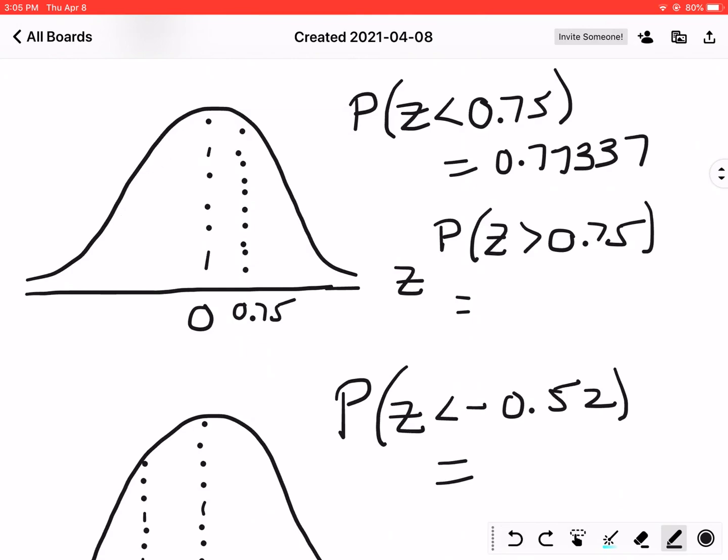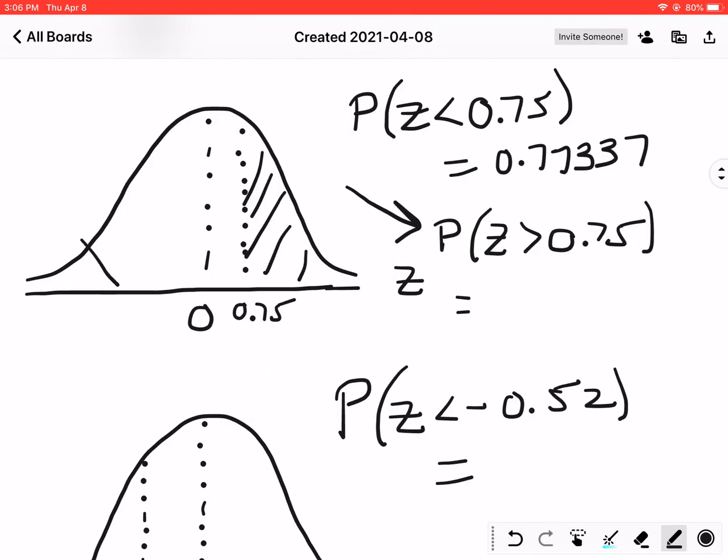If I ask what's the probability of Z being greater than 0.75, in other words, right here, that is this area over there. A big idea here is that the total area under the curve is 1.